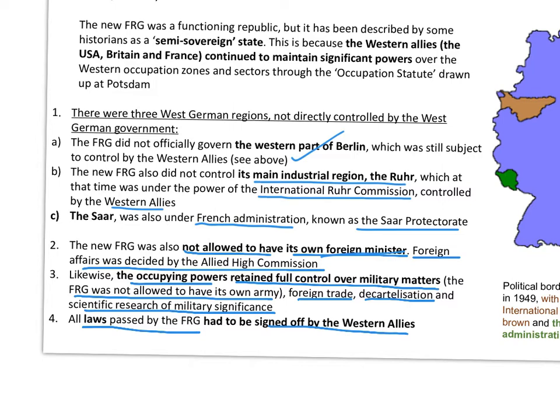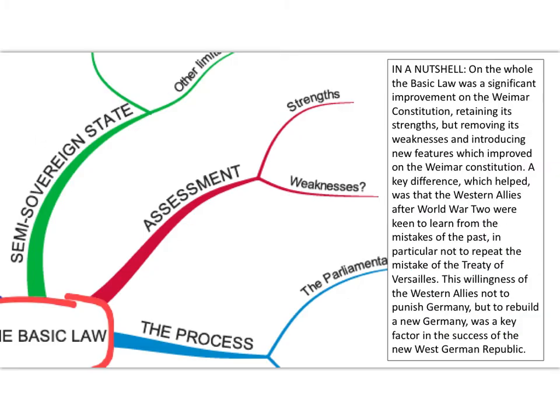So those four factors: first of all, the three West German regions, then the point about foreign affairs, the point about the military, and the point about signing off laws, were all limitations on the sovereign powers of the West German government. That's the point we're making there.